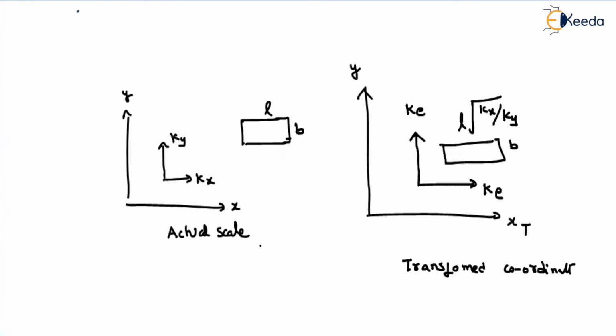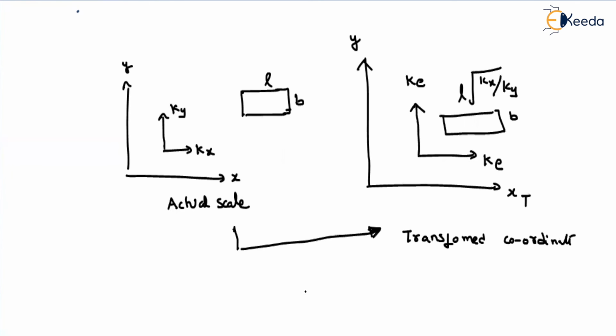After transforming any one coordinate, we find the flow between any two flow lines, which is the equivalent permeability into H into NF divided by ND.